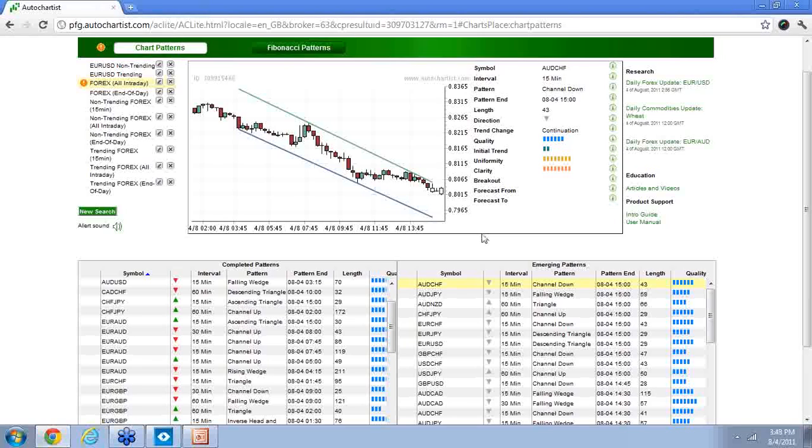So a swing trader may want to take advantage of this move, looking for a retracement or looking for a drive back into support or perhaps through it.